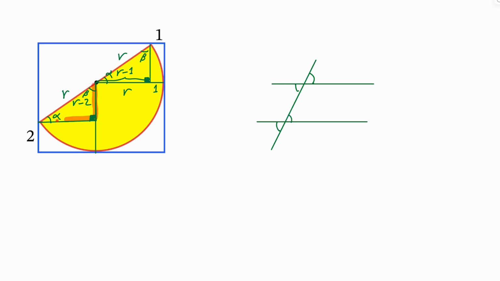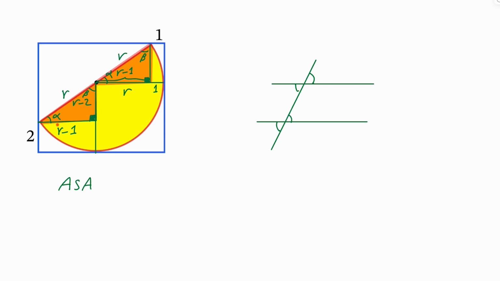So here we have two triangles that are congruent, and we can use the angle side angle congruency theorem in this case, and this line should also be equal to this line. This line is r minus 1, and we have all three sides of this right triangle.